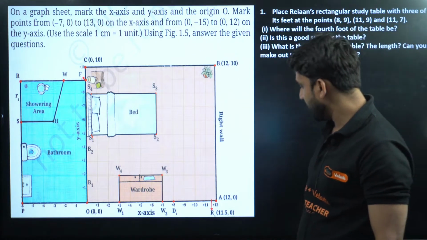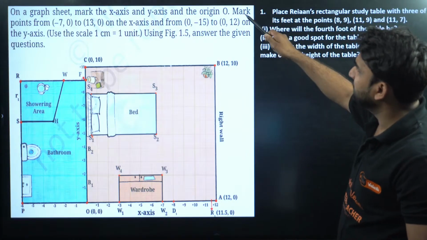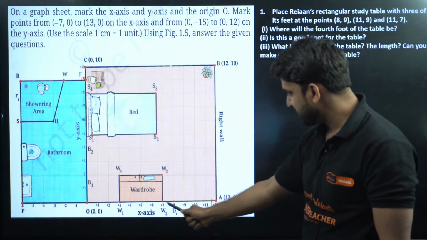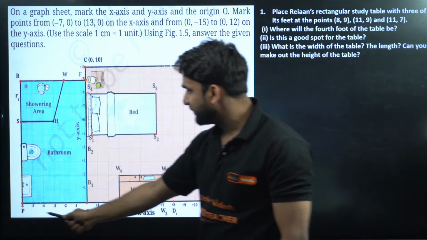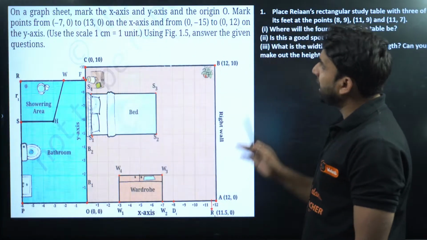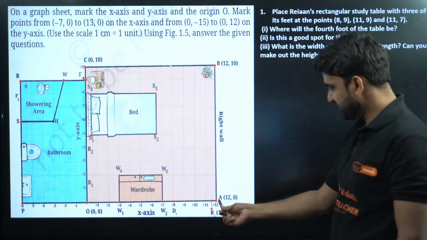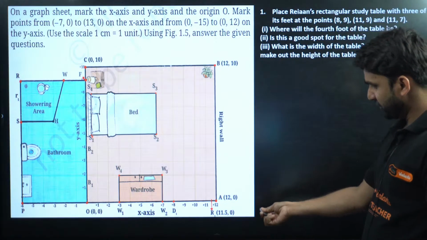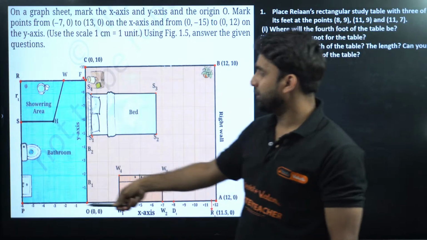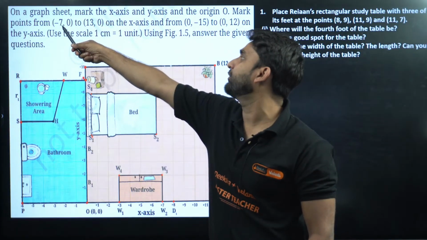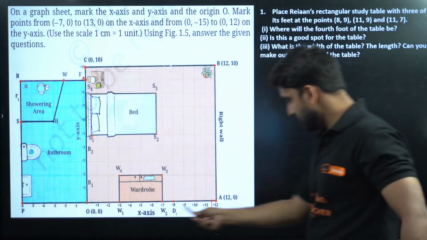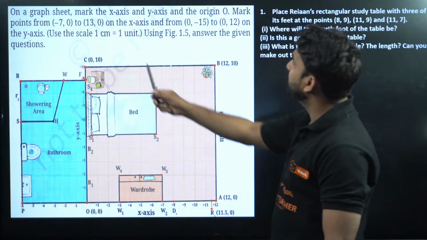Mark points from -7, 0 to 13, 0. This range is not fully visible, but we have taken a graph paper where the x coordinate goes from -7 to 13. So -7 will be lying here, hidden, and 13 will be maybe here on the x-axis.